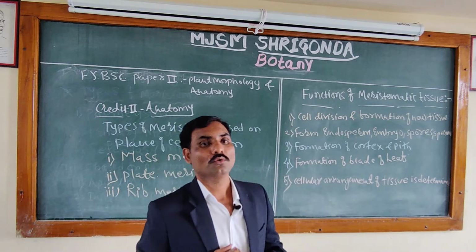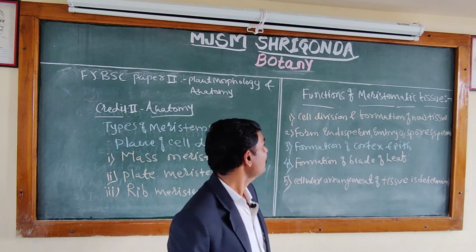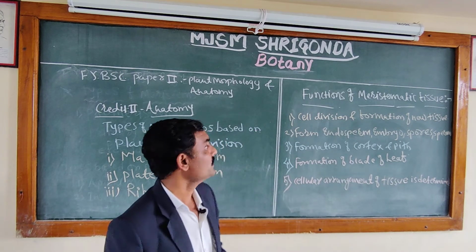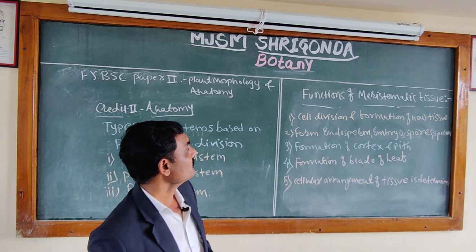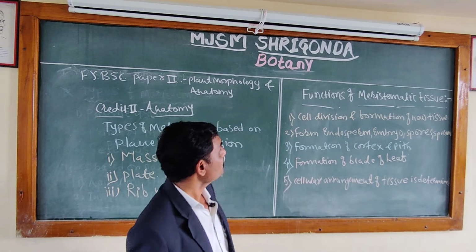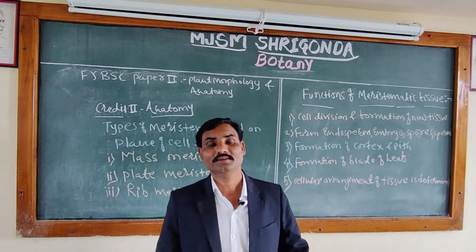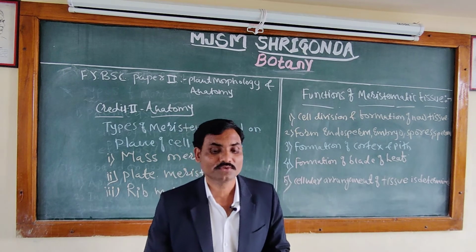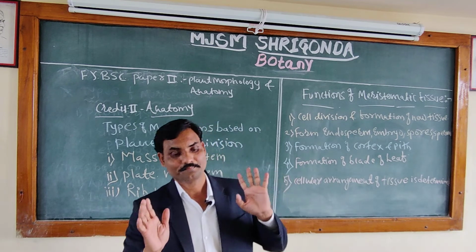In this video, we have learned about the functions of meristematic tissue also. We have studied that they possess power of division and are involved in the formation of new tissues and organs throughout their life.